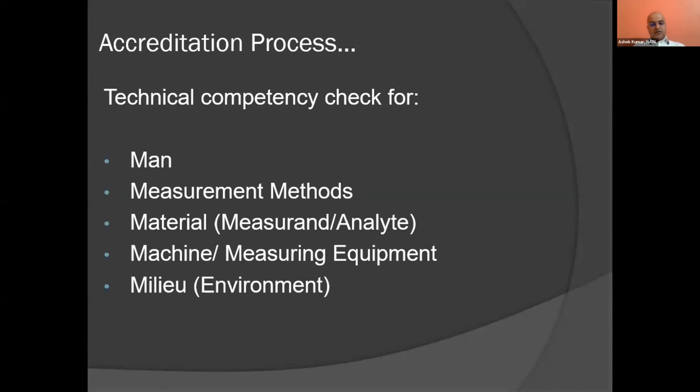When it comes to technical competency, it is checked for these major elements: man, or the personnel involved in the measurement process; measurement methods, of course validated and verified methods; material, which means the measurement or the analyte present in the sample; machine, the measuring equipment; and the environment.